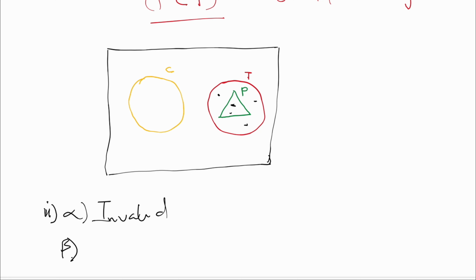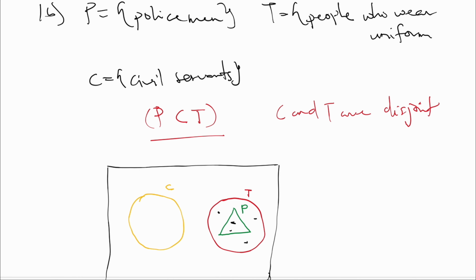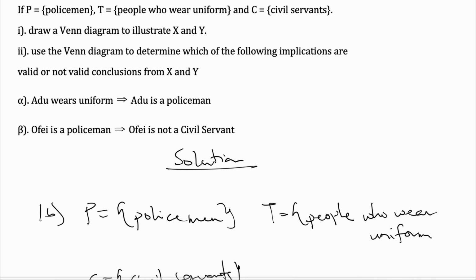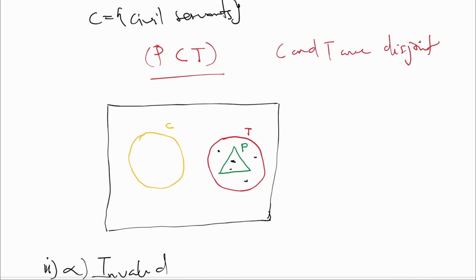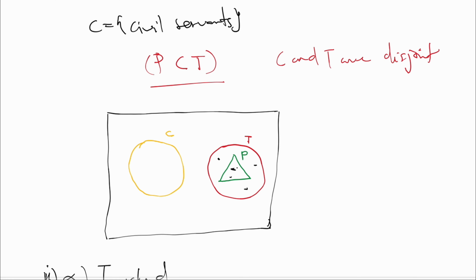Now beta. It says that Ofe is a policeman, so Ofe is not a civil servant. First, let me clean this. So this is the set of all policemen.